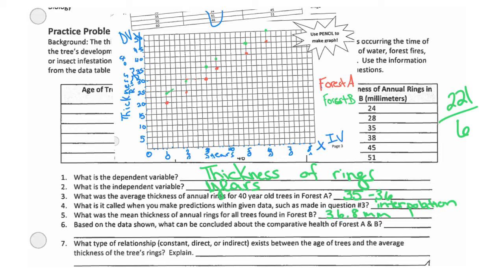Okay, and what type of relationship? Constant, direct, or indirect? Okay, so this is a direct relationship because as the trees got older, the rings got greater. So that's something you would write, is as the trees grew older, the thickness of their rings grew as well. Okay, so I hope that helped you with problem 1. Let's move on to problem 2.